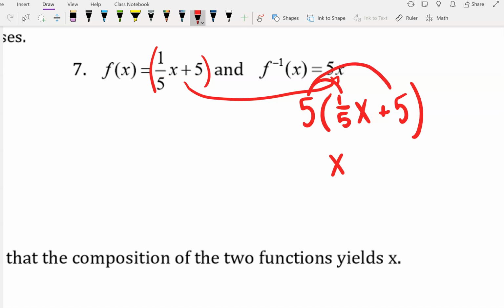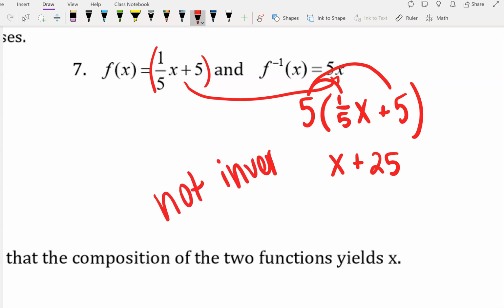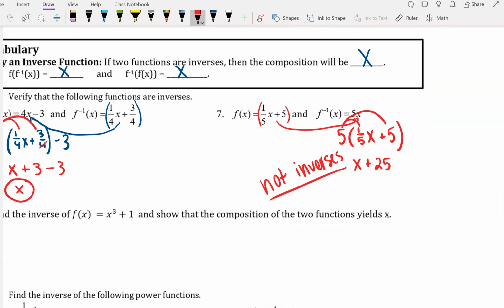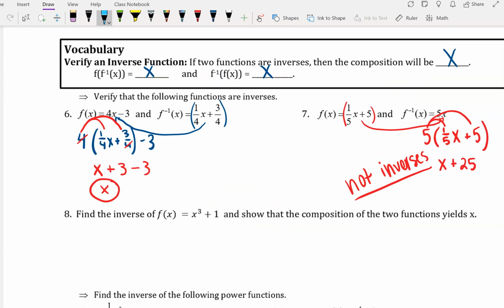But then we have 5 times 5 is 25. That's no good. Not inverses. So if we get just x as an answer, I probably should have put this. Yeah, they are inverses because I got x on the first one.